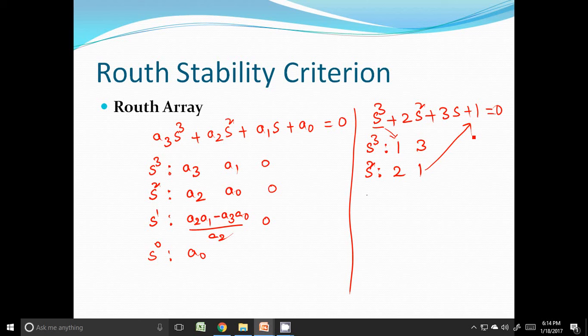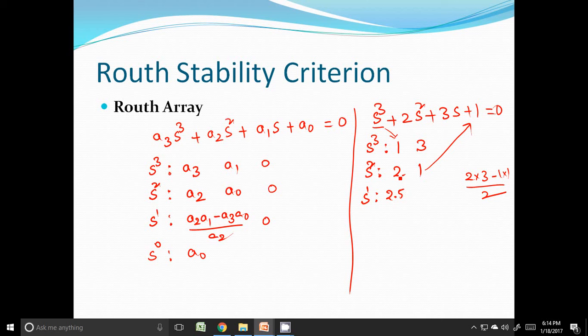Now we have to calculate s power 1. How to calculate the s power 1 row? Here it is (2 into 3 minus 1 into 1) by 2. Based on (a2 a1 minus a3 a0) by a2, it comes as 2.5. Now how to calculate the second element in the s power 1 row?